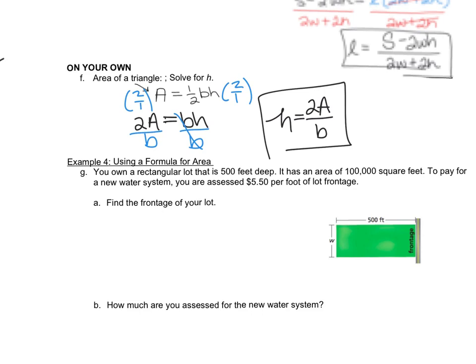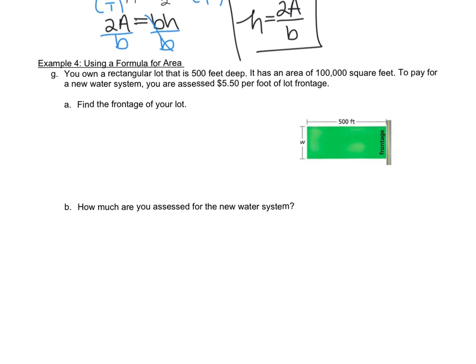Okay, last problem. Example 4, using a formula for area. You own a rectangular lot that is 500 feet deep. It has an area of 100,000 square feet. To pay for a new water system, you are assessed $5.50 per foot of lot frontage. So all we really need to figure out is how long this frontage is.